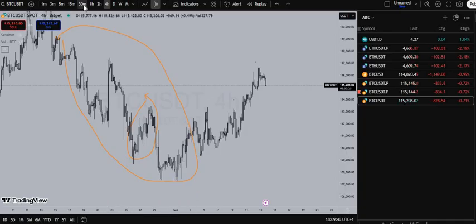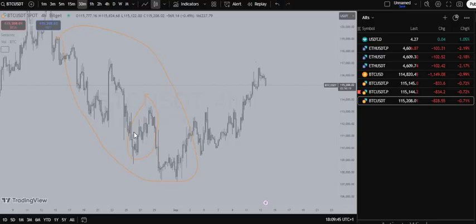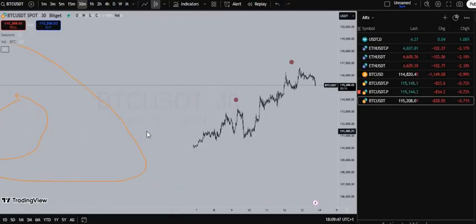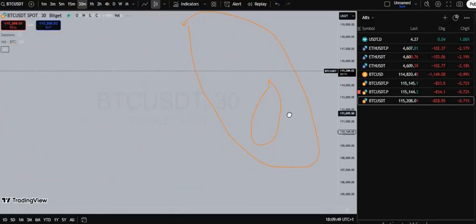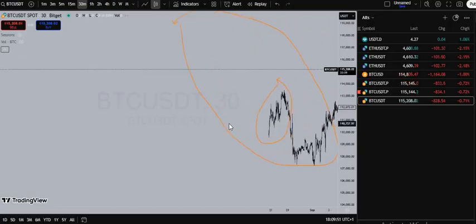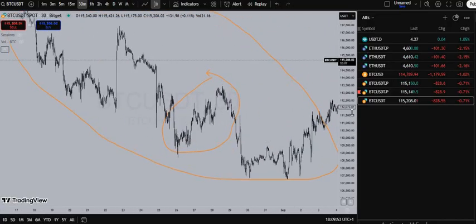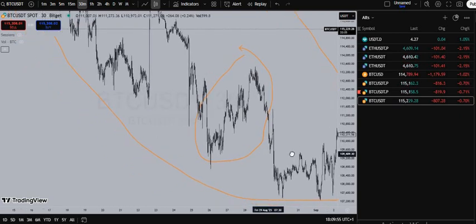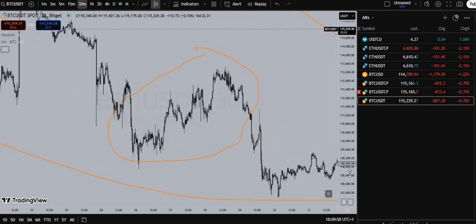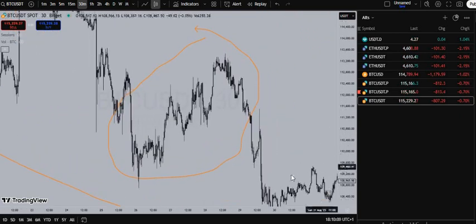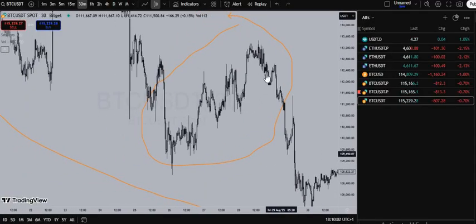Now I'll go to the 30-minute structure. Let's see what we have in there. Now on the 30 minutes, yes, rightly we have a perfect bullish structure right here. You would see that on the 4 hours the trend is a downtrend, and on the 30 minutes the trend right here is an uptrend.